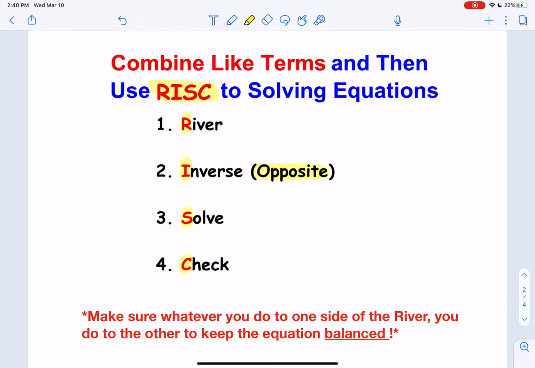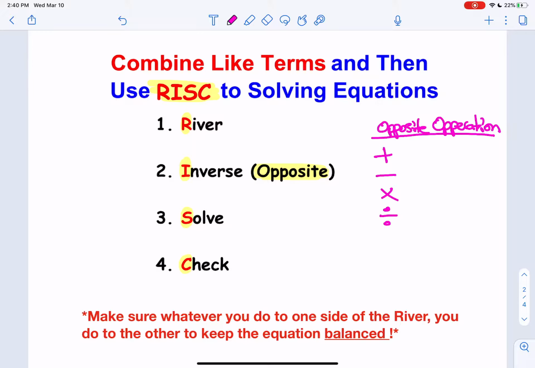Now, inverse means opposite. And you might be thinking, opposite what? Well, it's actually going to be opposite or inverse operation. And our math operations are addition, subtraction, multiplication, and division.